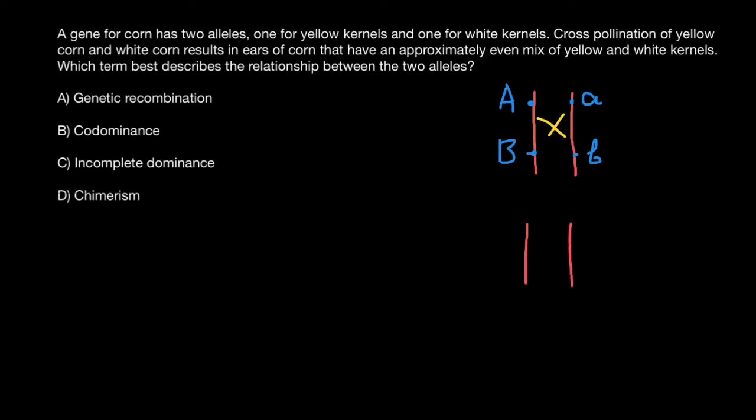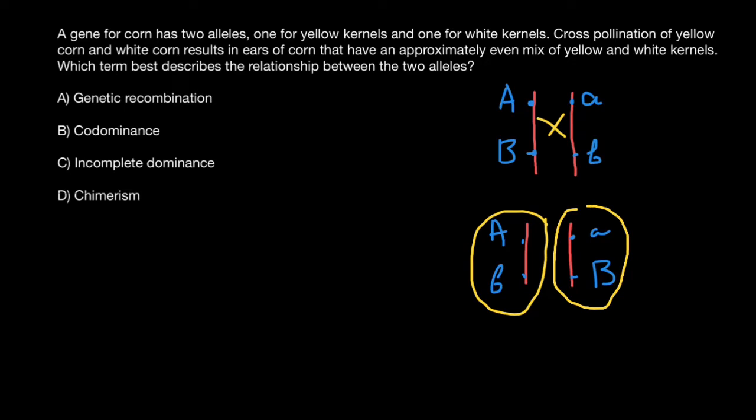For example, capital A and small b, and another variant would be small a and capital B. These two gametes would be the result of the crossing over, so this would be an example of genetic recombination during meiosis.